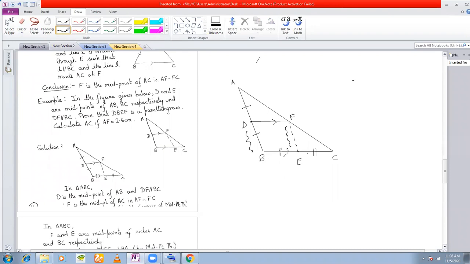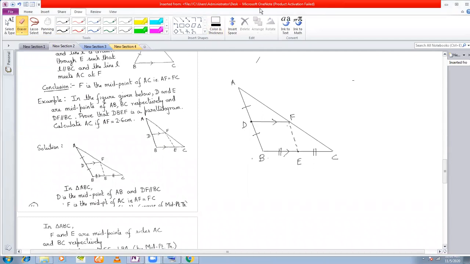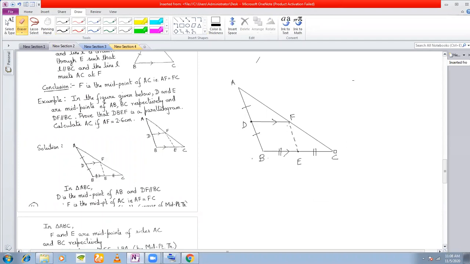If opposite sides of a quadrilateral are parallel, can we say it is a parallelogram? Yes, by definition we can say. These two sides we are going to prove to be parallel.